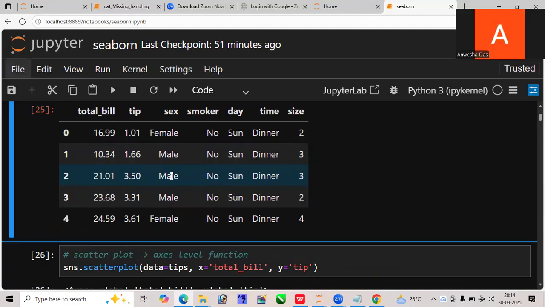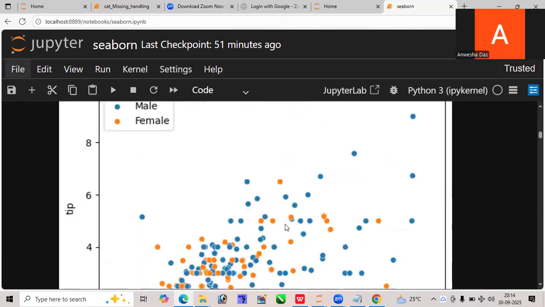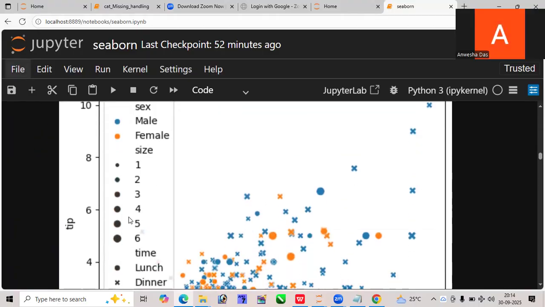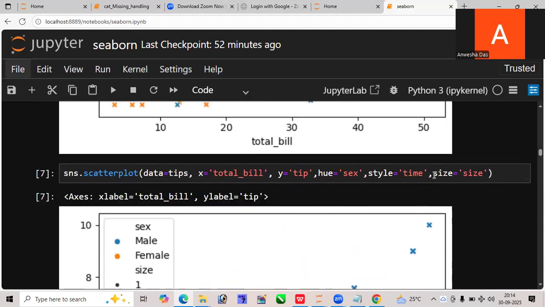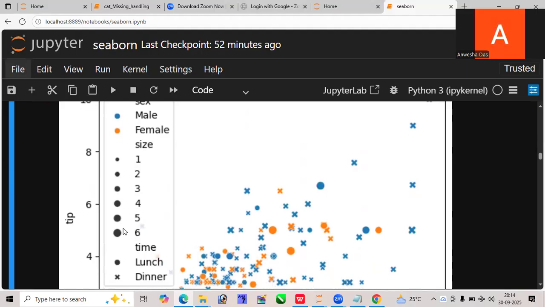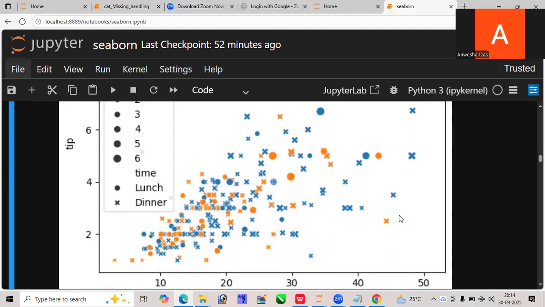Like that, one male went with 3 people, one female went with 4 people. If you consider 1, the size is very small. The parameter name is also size, and the column name in the data is also size. So here 1 means the size is very small, 6 means the size is the big one.